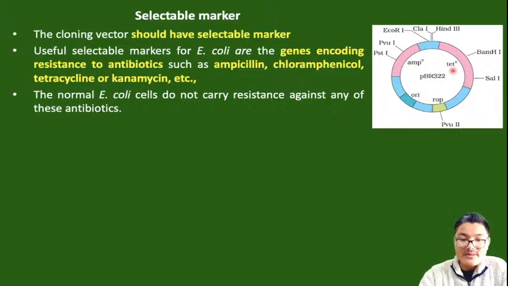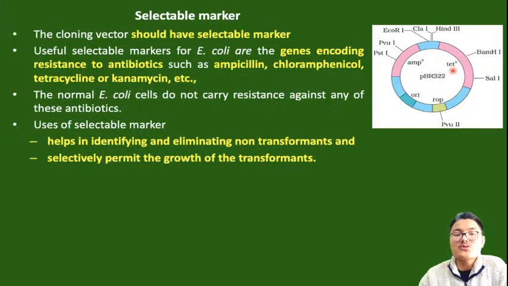Now, what is the main use of selectable marker? As I have already stated, these help in identifying the transformants from the non-transformants. If we require the recombinants or transformants, then we can select them and eliminate the non-transformants.